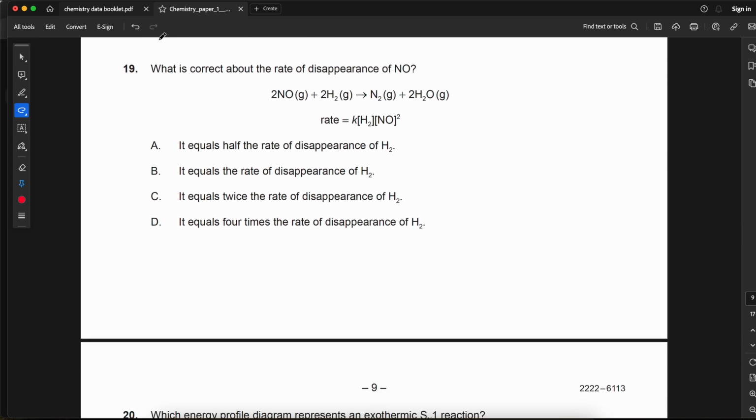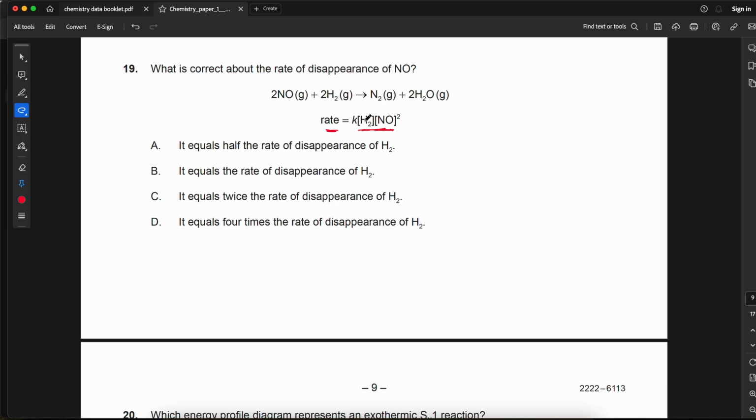What is correct about the rate of disappearance of NO? Okay, so these are the rate equations. As you can see, according to this rate, the rate of reaction is directly proportional to the concentration of NO squared. So if the concentration of NO decreases, the rate of reaction will also decrease.